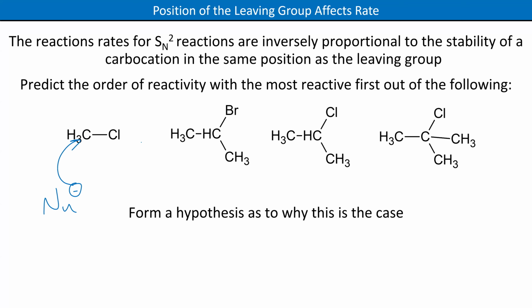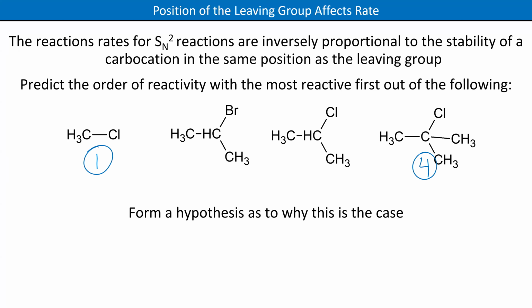So methyl chloride is more reactive than... I don't have these in order, so here, this one's going to be our most reactive. Well, the chlorine would be 2, right? Because bromine's going to be more electronegative?